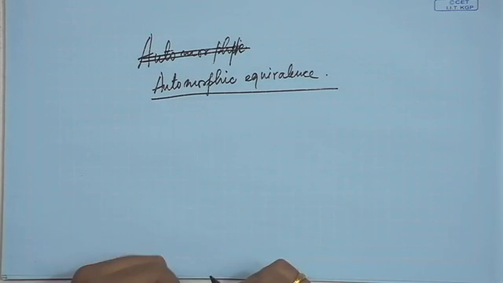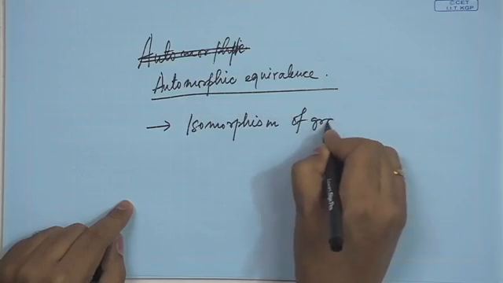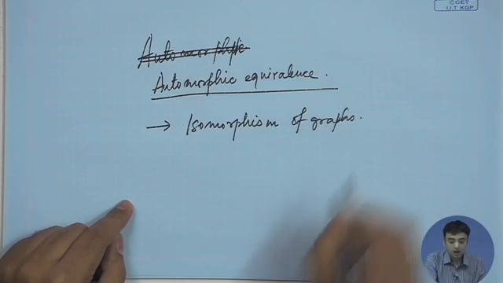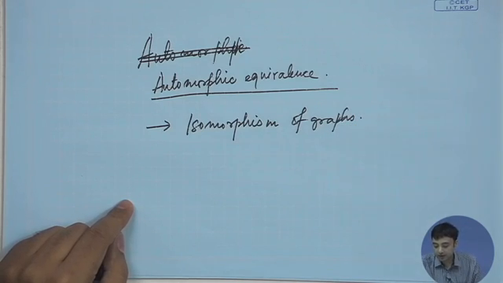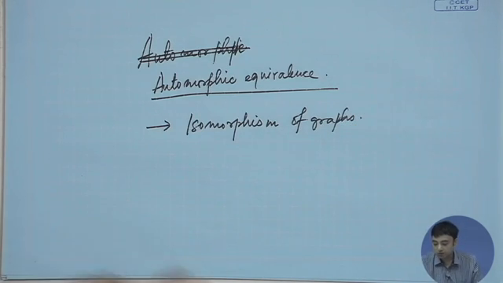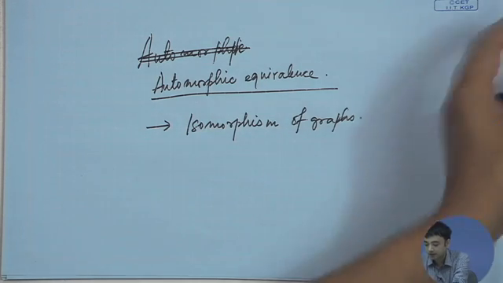In order to understand automorphic equivalence, we have to first understand the concept of isomorphism of graphs. This is a very simple concept, so we will slowly define it using a set of examples.